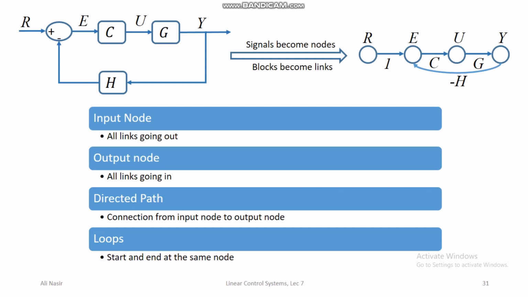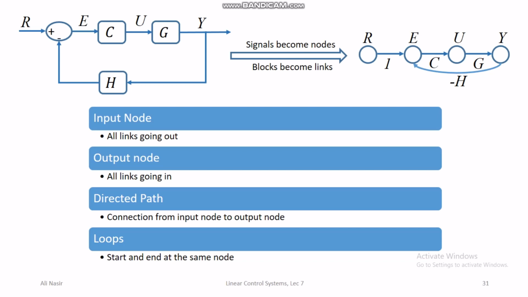Direct path in a signal flow graph is connection from input node to the output node, and similarly a loop in the signal flow graph is any path that starts and ends at the same node. If you take any path inside the flow graph that starts and ends at the same node, that will be considered as loop.